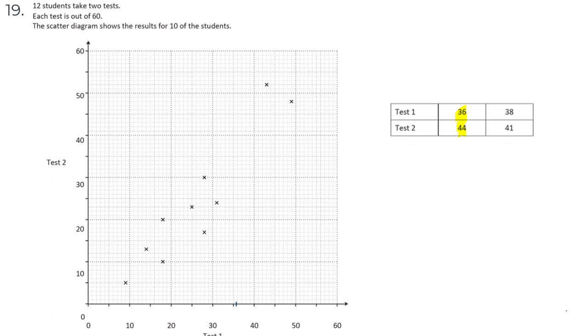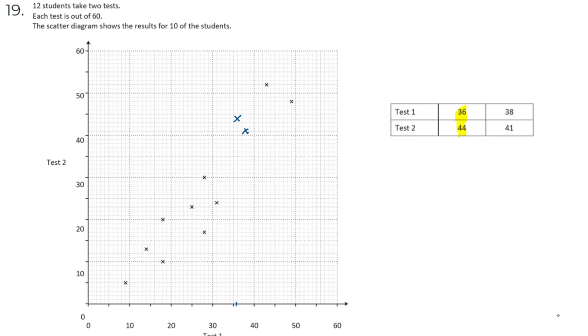And then 44, same scale on the other axis, it's going to be there. Okay, so I've plotted the 36 and the 44. Next one, 38 and 41. It's going to be there.